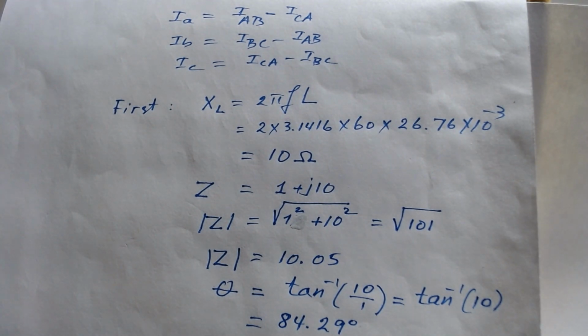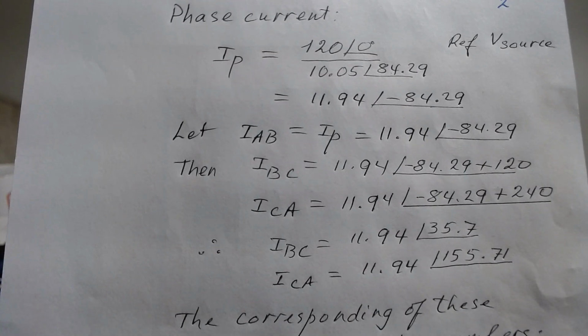So the impedance is equal to 1 plus J10, and its absolute value is equal to 10.05 with an angle of 84.29 degrees.